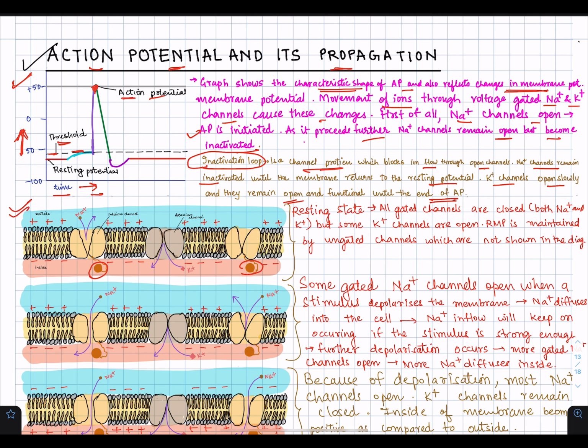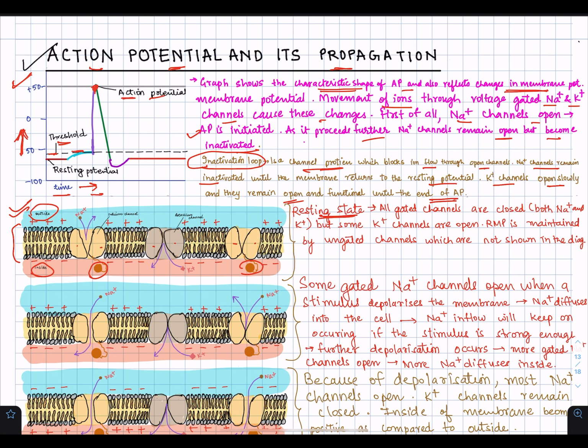We have a diagram here which is showing the resting state of the membrane. This is the outside of the membrane and this part is the inside of the membrane, and this is the membrane and these are the channels. These are the sodium channels and these are the potassium channels. This is again a sodium channel.